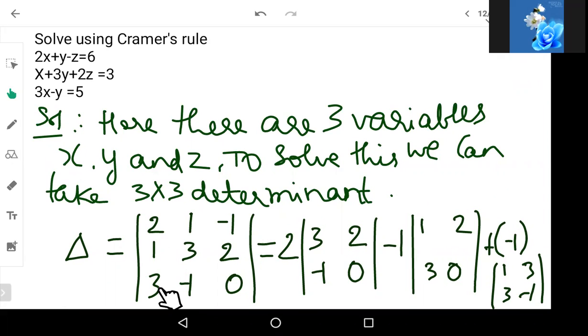For delta x, we replaced the first column with the constants. Now in delta y, we are going to replace the second column with 6, 3 and 5, which are the constants. And the first and the third columns will remain the same.